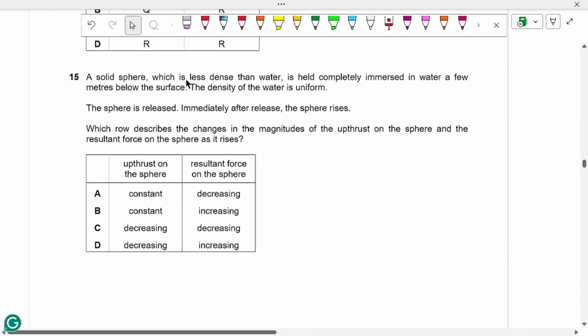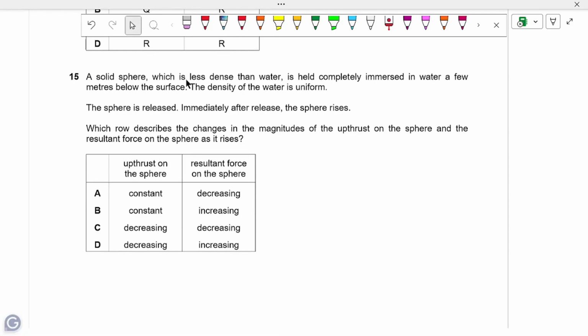A solid sphere, which is less dense than water, is held completely immersed in water a few meters below the surface. So with water, you take an object, you place it in water like that. So at the end of the day, you basically have something like this, right? That's water.